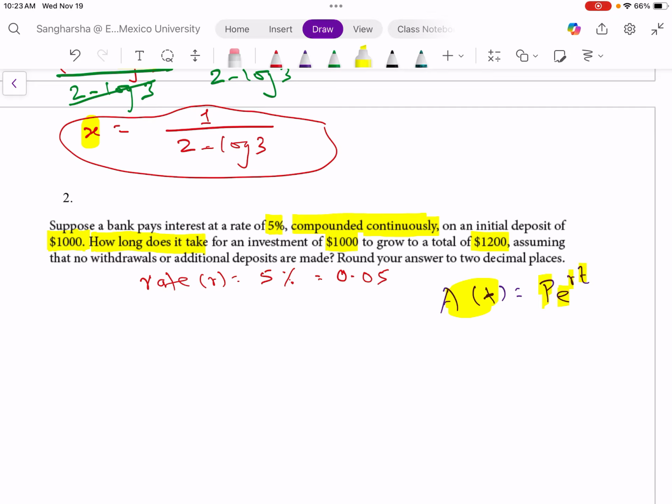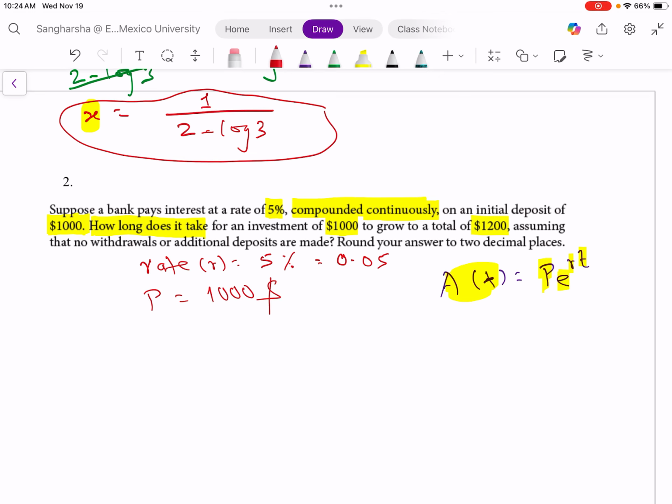It's not rate, we already have that, or time. Principal. Principal is the sum of money that you deposit or a loan amount. So P is $1,000.